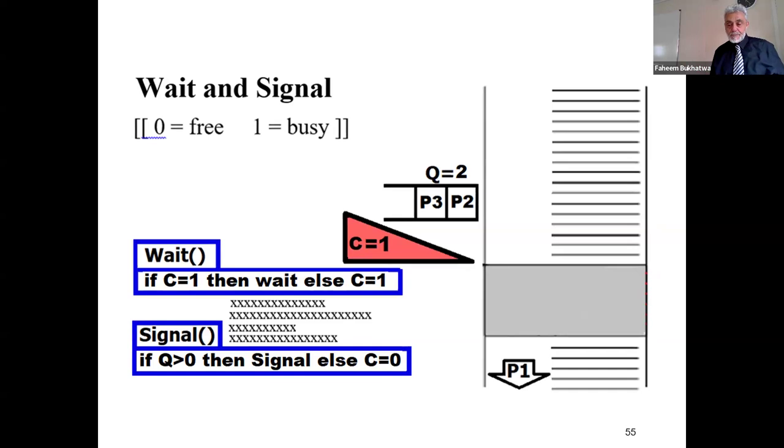When a process leaves, we used to just go and switch the place free. We tell them the place is free. But if we do that, if we turn this flag to free, any coming process will get in before 2 and 3, before the waiting process. So we don't turn the flag free.